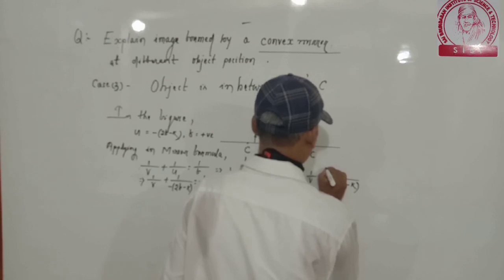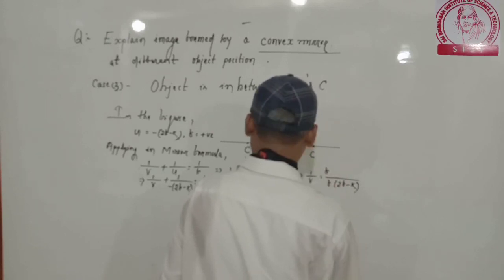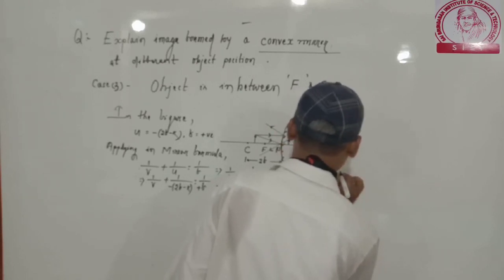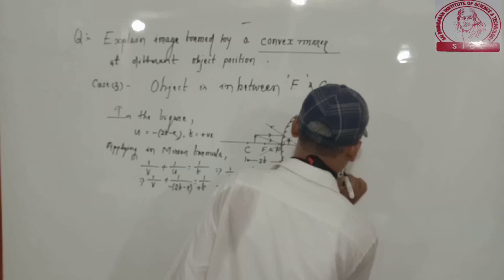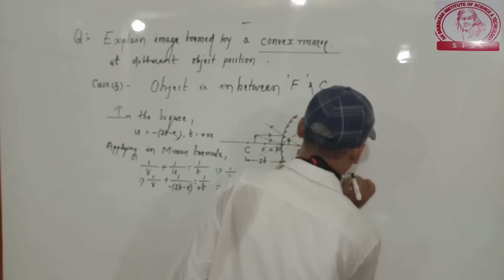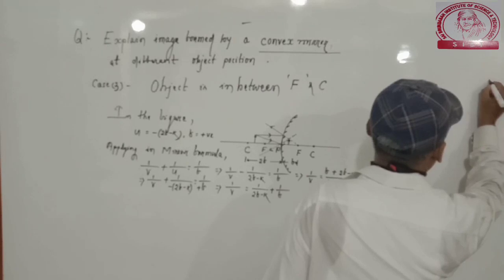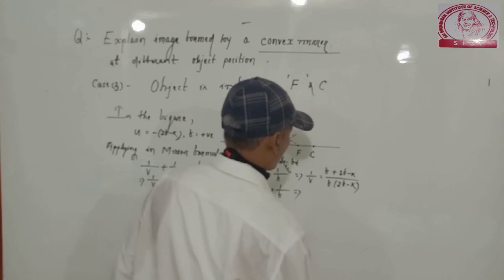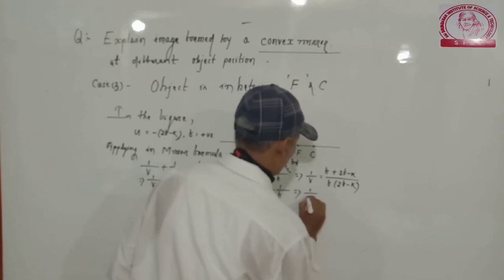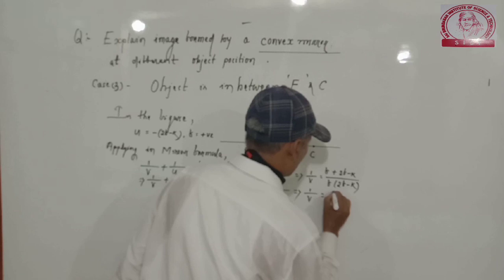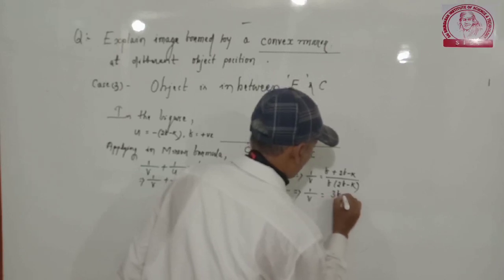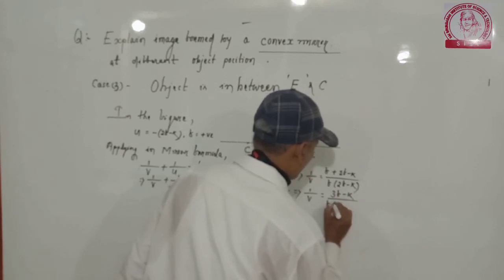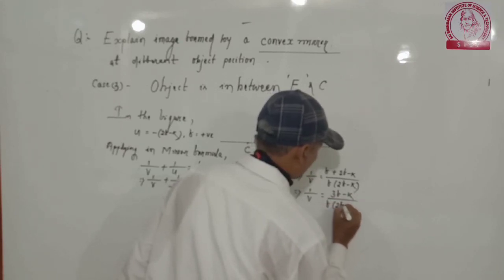So now this is f plus 2f minus k implies 1 by v is equal to 3f minus k whole divided by f into 2f minus k.